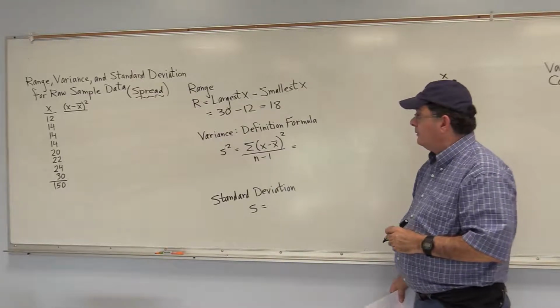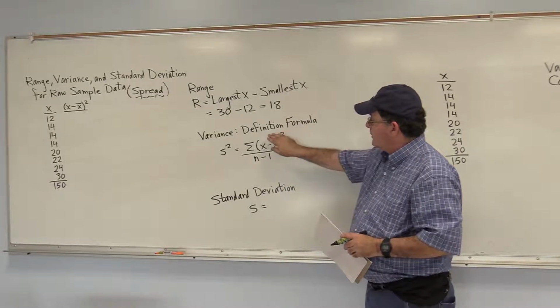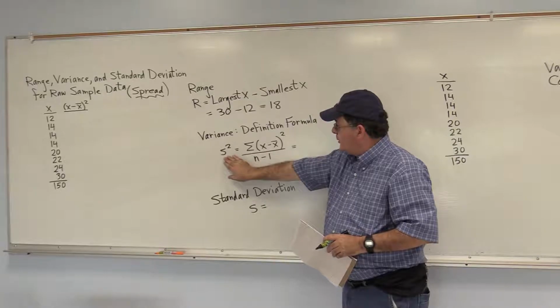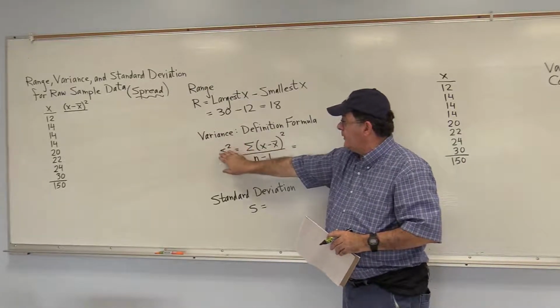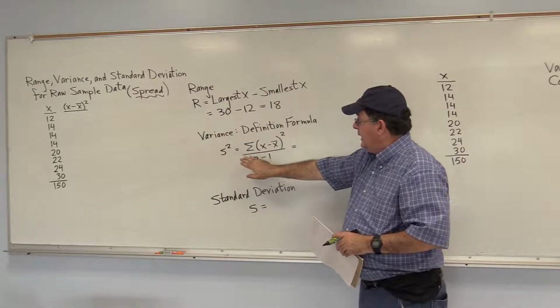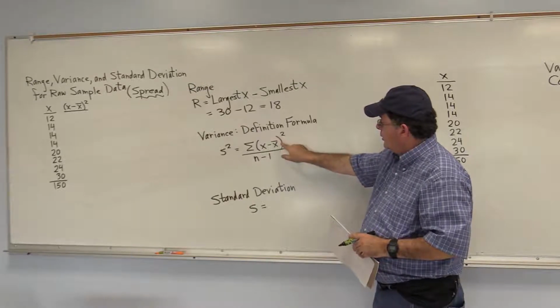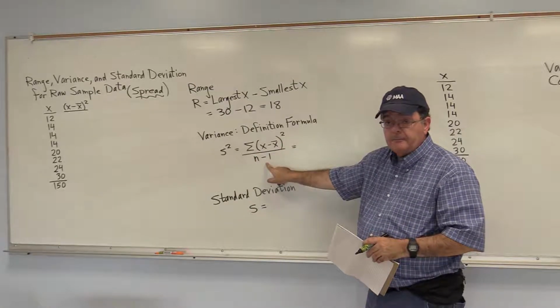This is the formula that defines what the variance is. The symbol for the variance is s squared. I know that seems a little strange, but the symbol for the variance is s squared. And it's defined to be the summation of x minus x bar quantity squared, all divided by n minus 1.